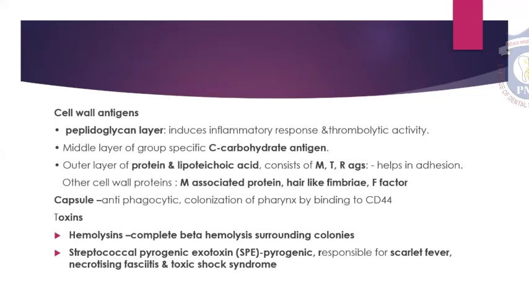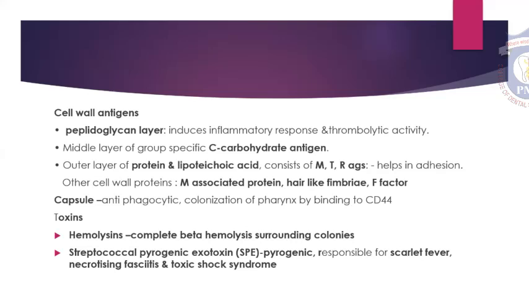In that, the peptidoglycan layer induces an inflammatory response and thrombolytic activity. Then the middle layer is the group-specific C carbohydrate antigen. The outer layer of protein and lipoteichoic acid consists of M, T, R antigens. This helps in adhesion. Other cell wall proteins include M-associated protein, hair-like fimbriae, and F factor.